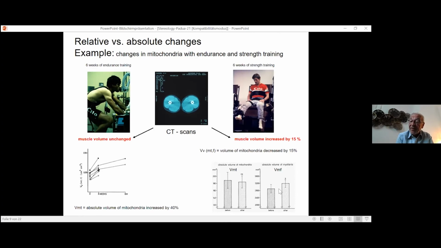So the increase is due to the increase in myofibrils. This is just to show you that you have to be careful and you have to be measuring absolute volumes before you go and measure stereological estimates in biopsied tissue.